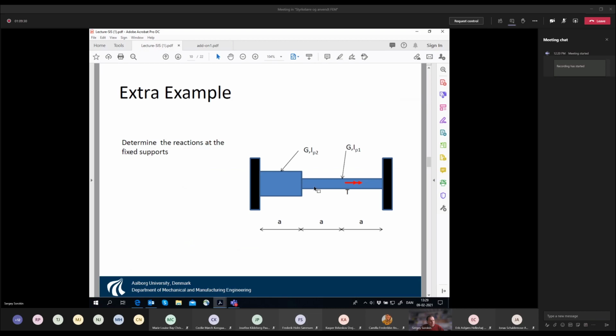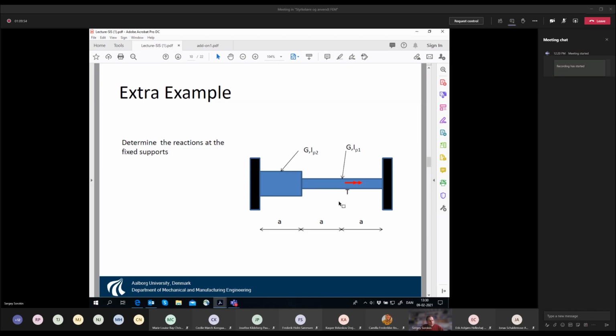Then we come to this element, and here we have the action of the same torque, but we have a change in the stiffness. So the second ingredient will be the torque here, multiplied by the same length and divided by the rotation stiffness of this element.